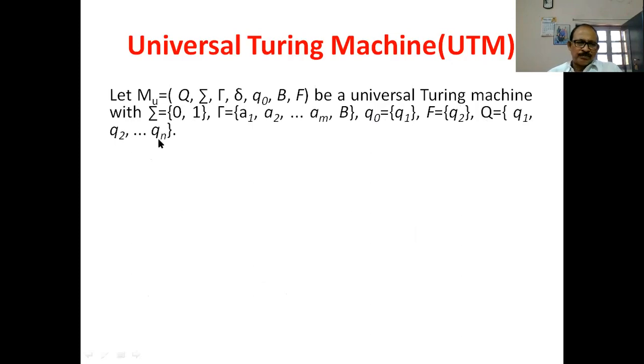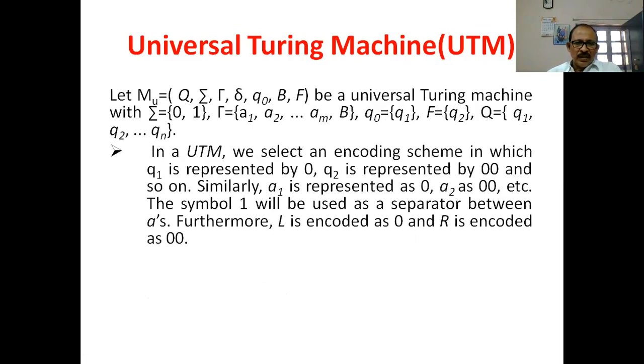As I have already told you, the universal Turing machine takes the description of the Turing machine. The question is, how will we encode a given Turing machine? The encoding scheme is as follows. The state Q1 is represented by 0, Q2 is represented by 00, and so on.